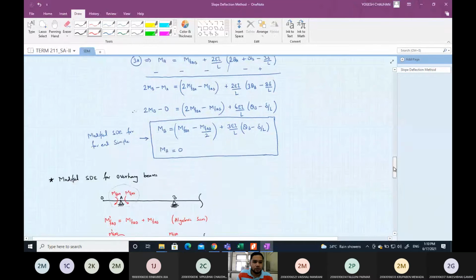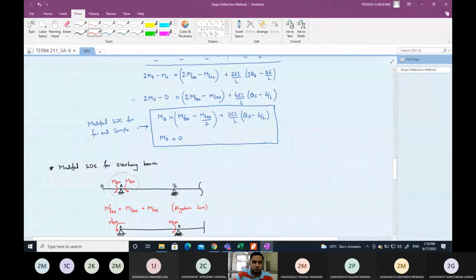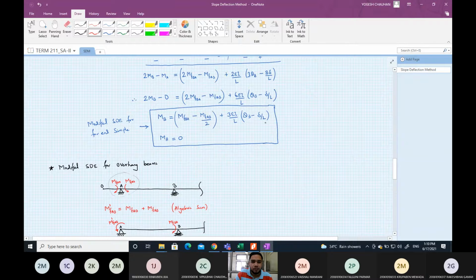And then we have also seen the modified slope deflection equation for far end simple. So the moment at B would be fixed end moment at BA minus fixed end moment at AB by 2 plus 3EI by L times theta B minus delta by L, and the moment at A will be 0 because it is a simple support.